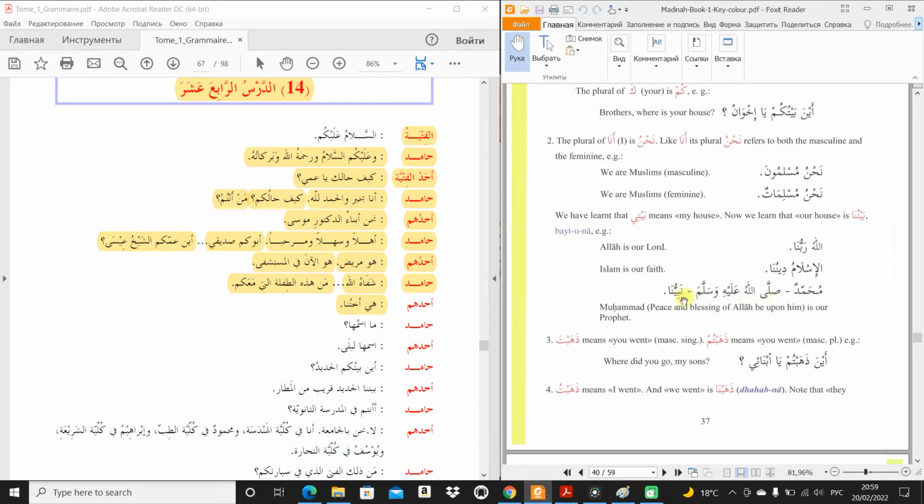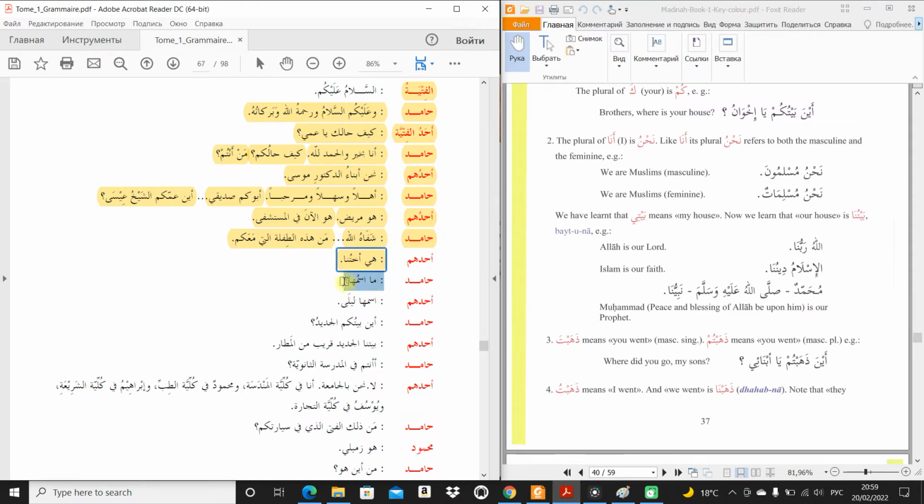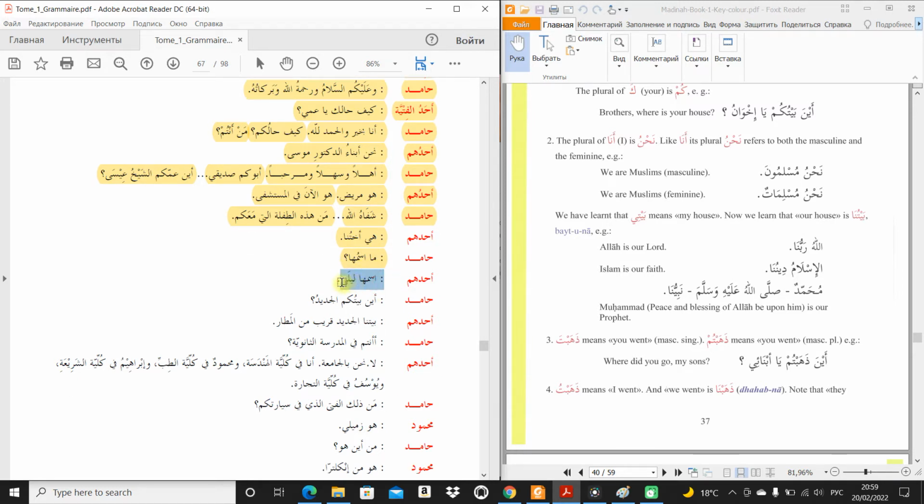Muhammadun sallallahu alayhi wasallam nabiyuna, Muhammad, peace and blessings of Allah be upon him, is our prophet. Hiya ukhtuna, she is our sister. Ismuha, hamzatul wasl is not pronounced if it's preceded by a word. And it means, what is her name? Ismuha Layla, her name is Layla.